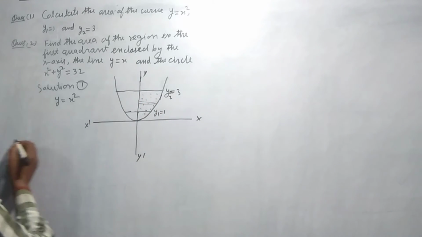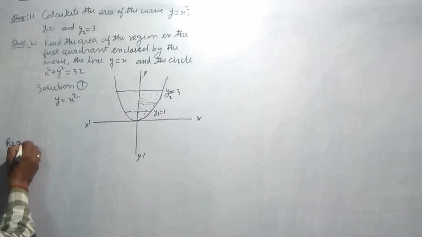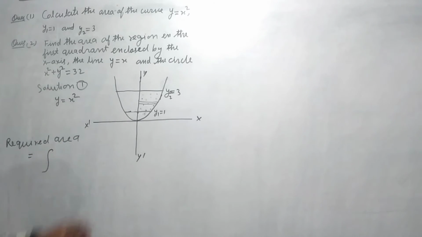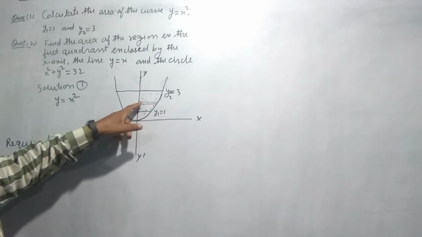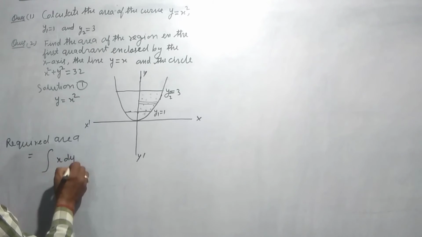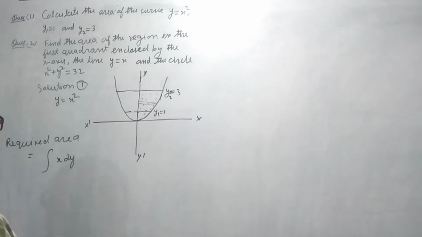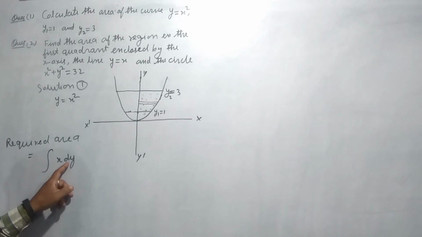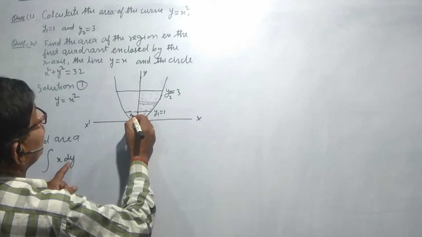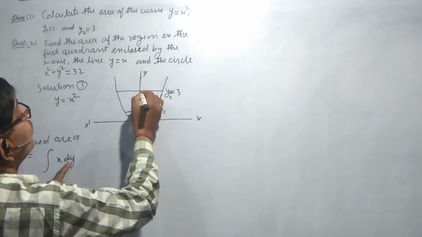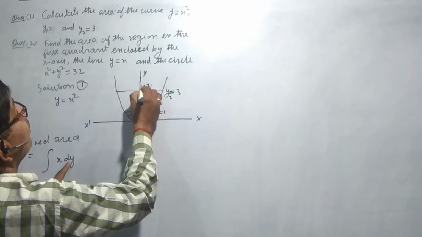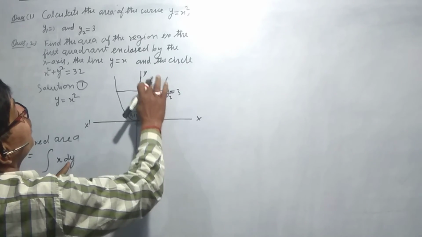So the required area equals the integral with limits. We take the strip perpendicular to the y-axis, so x dy, and the limits here will be y equal to 1 to y equal to 3.